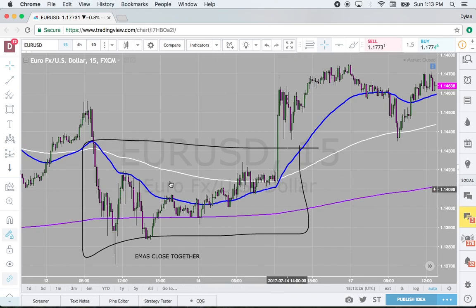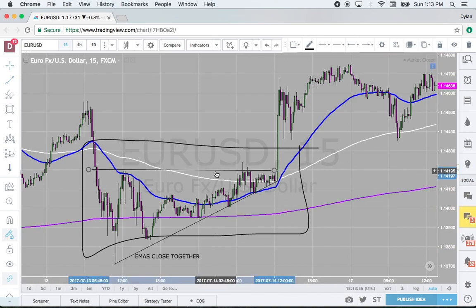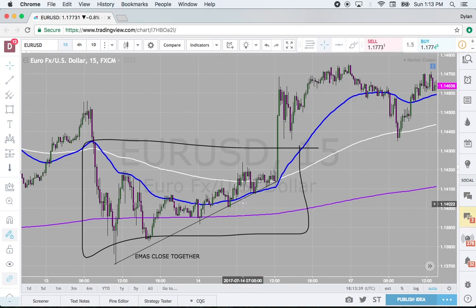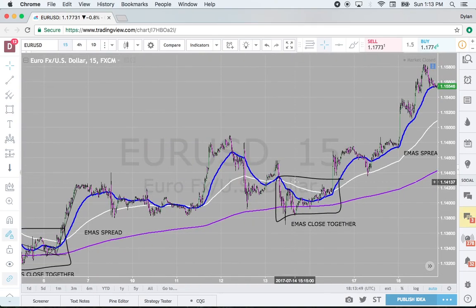What you can also see is kind of the spring, the wedge pattern. Expect the breakout. What do we expect when the EMAs come close together? We expect a breakout. Always expect a breakout or a large movement.